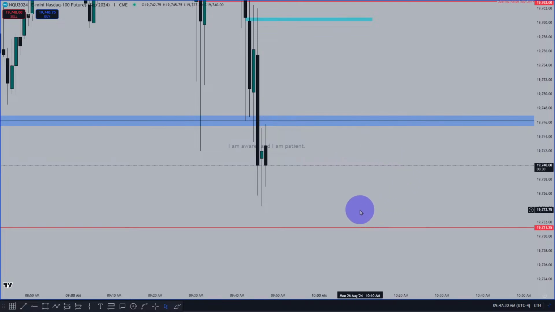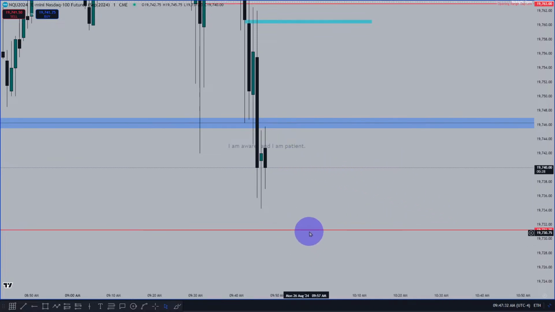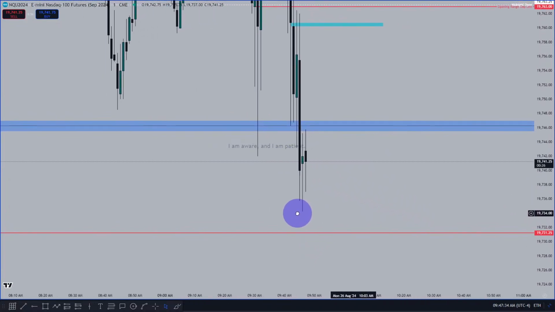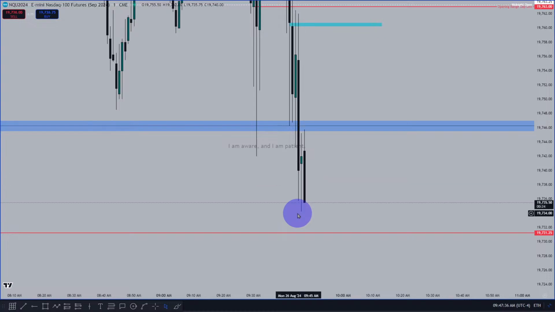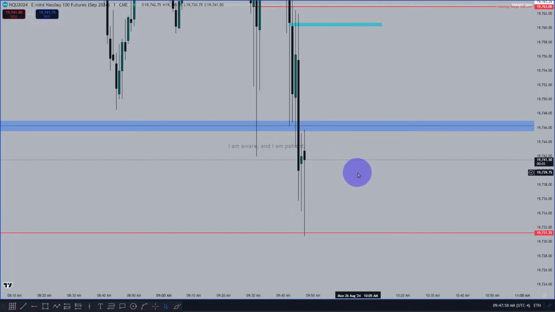And yeah, price could have a big run and pick out those relatively equal lows at 731 and a quarter. So we just attacked those relatively equal lows using this gap here as support.